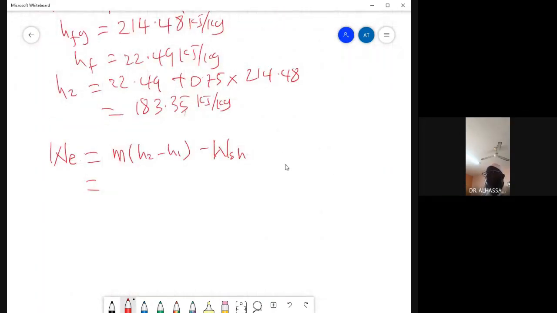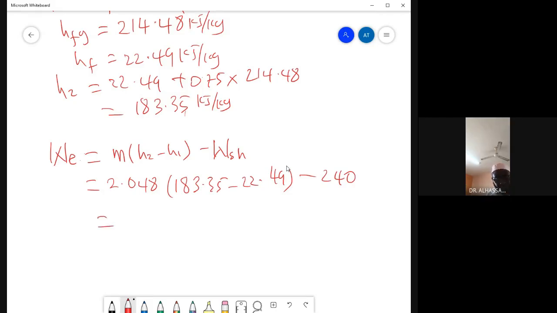So this gives me 2.048 times 183.35 minus h1, 22.49, minus 240, which is the shaft work. So this gives 89.44 kilojoules.